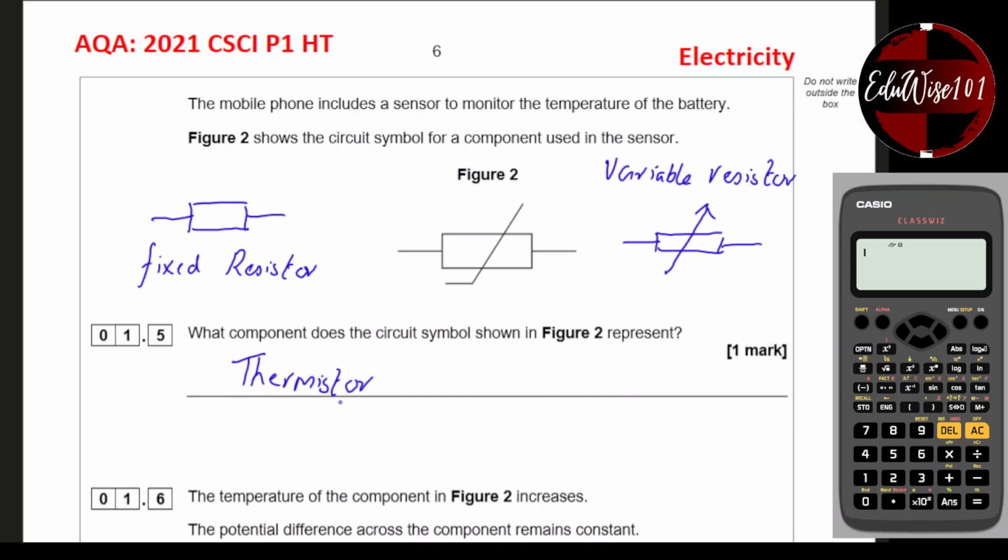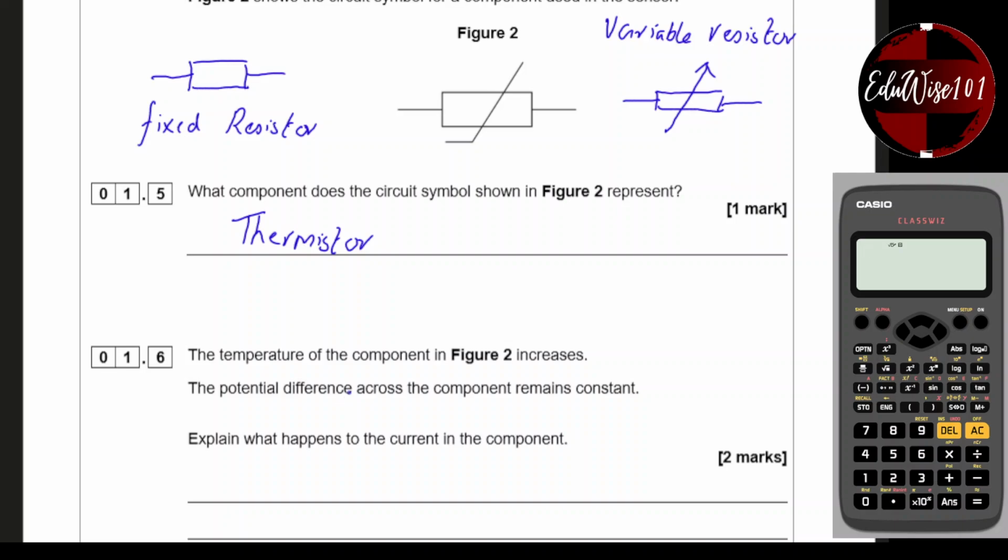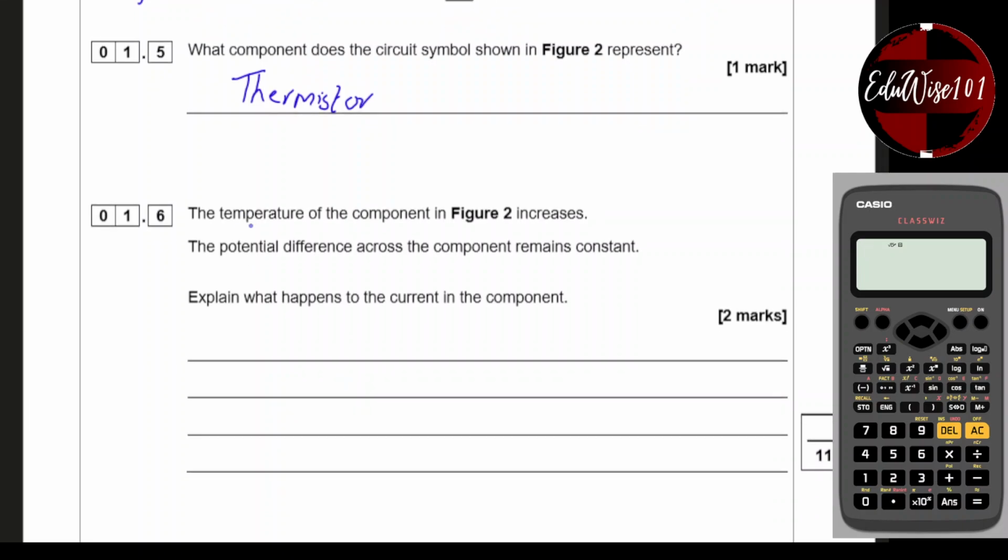Remember, a thermistor is a resistor that works depending on the temperature. So the following question: the temperature of the component in figure 2 increases. The potential difference across the component remains constant. Explain what happens to the current in the component.